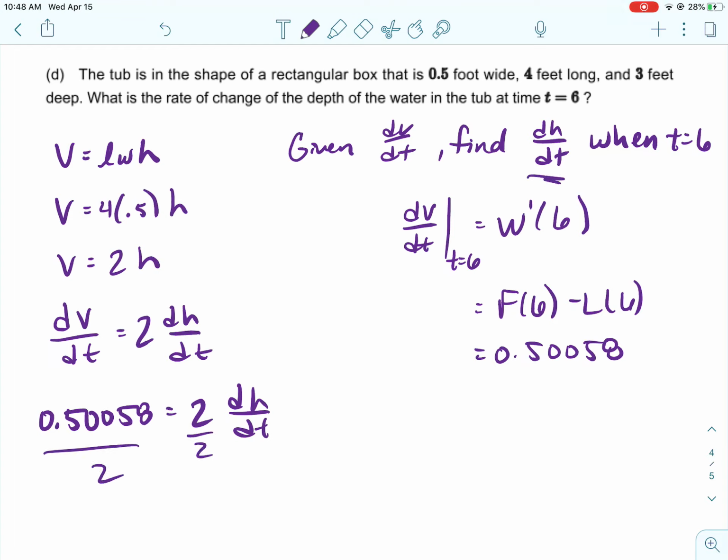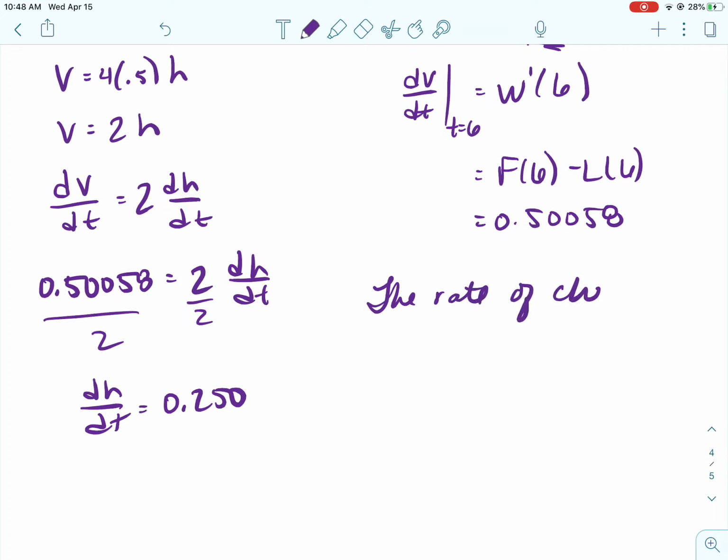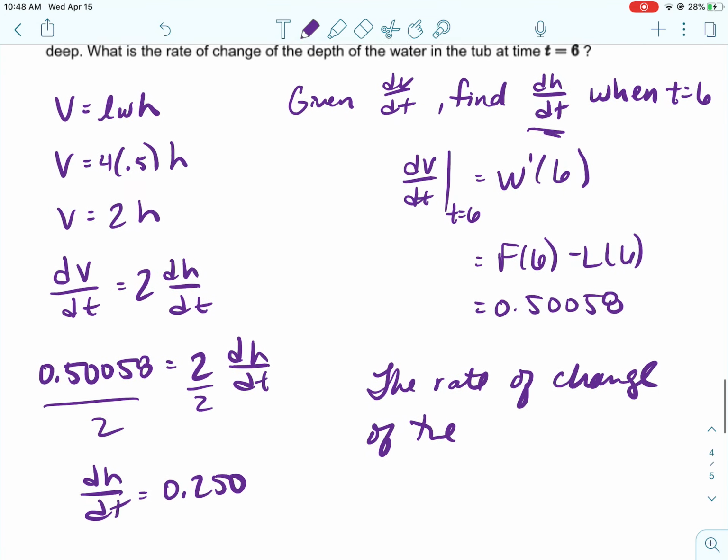All right, so we will go ahead and put that back in. And then we can solve that for dH/dt, which is what we're looking for, by dividing by 2. Okay? And so we will get that dH/dt is equal to 0.250.